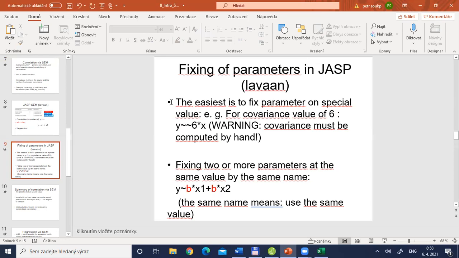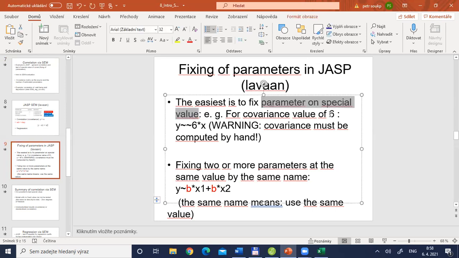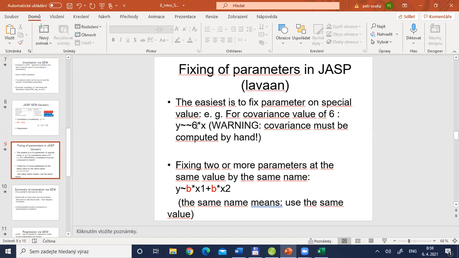So if I would like to fix a parameter at some special value, such as, for example, the value of 6, I would type y tilde tilde 6 times x, and it means that the covariance would be the value of 6. Here we would like to fix the value of correlation at minus 0.6, as we are expecting a negative relationship for well-being and depression at the value of 0.6.